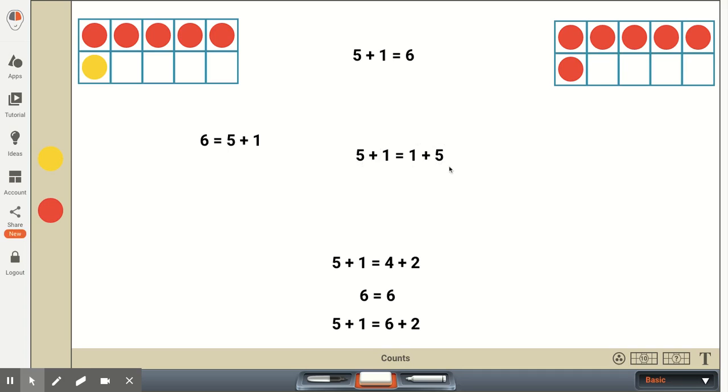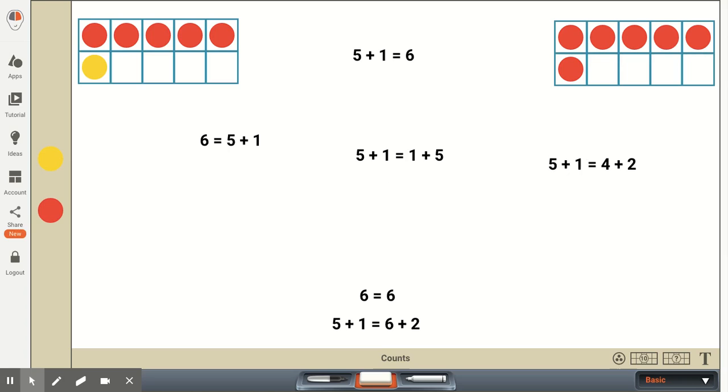So this also is a true equation. And what we've shown here, and we've talked about this before, is the commutative property of addition. In other words, we can switch these addends around, and we still end up with the same value.